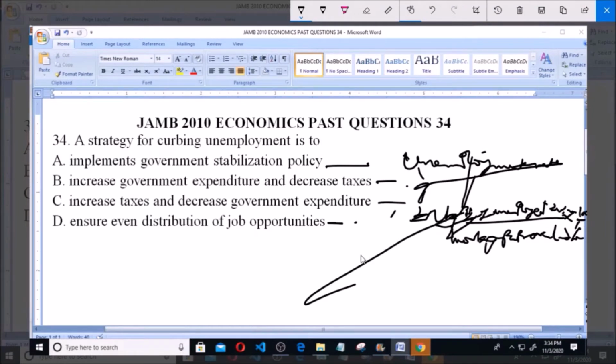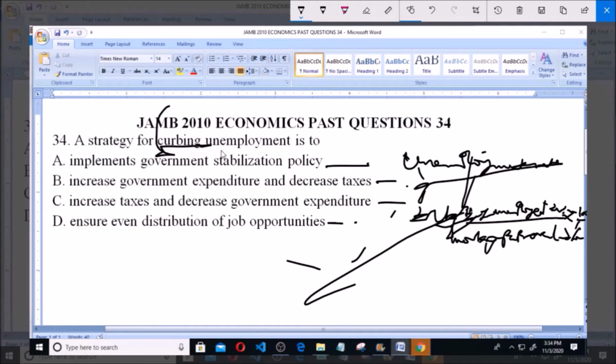So the following are the solutions to unemployment. The word curbing means solutions. So the solutions to unemployment are creating industries, population control, encouraging geographical mobility of labor, redesigning the educational system, proper development plans, provision of social amenities, and incentives to potential investors.